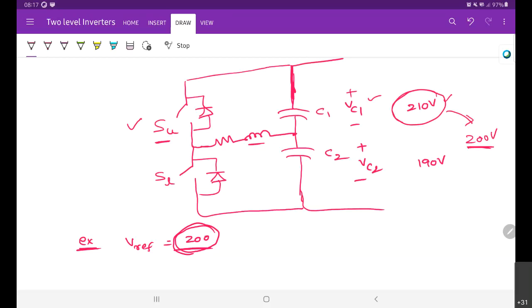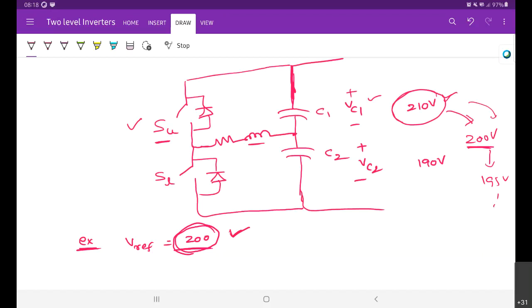If you do, this voltage will reduce to maybe 195 volts, and it will keep on reducing. But the second constraint is that we need to maintain the two capacitor voltages equal, that means we need to maintain the reference voltage. So the upper switch is turned on until this 210 volts is equal to 200 volts, that is the reference. Clear?